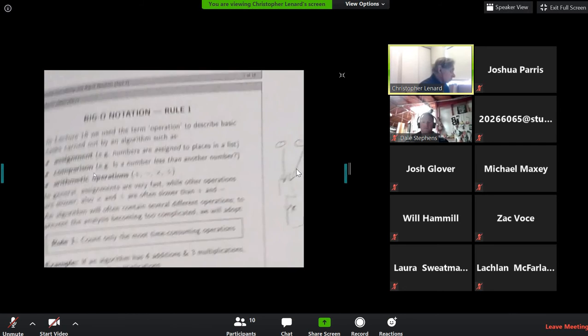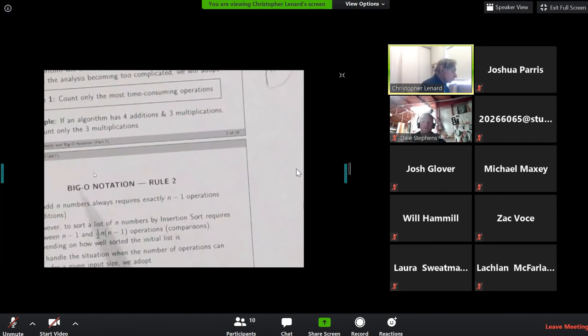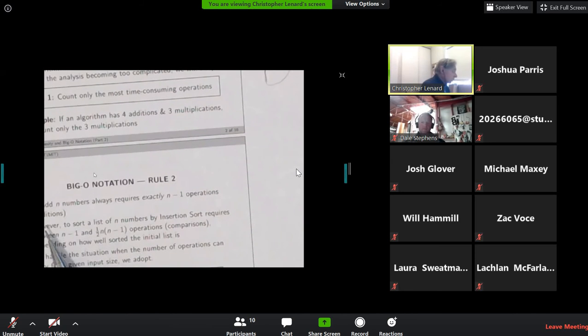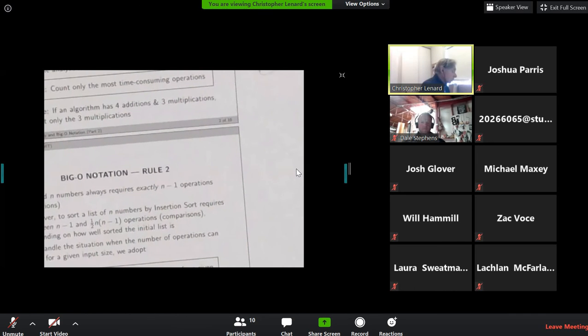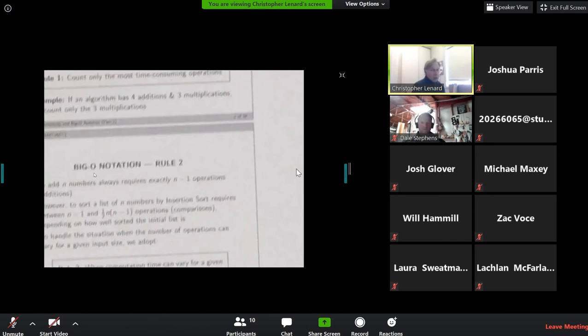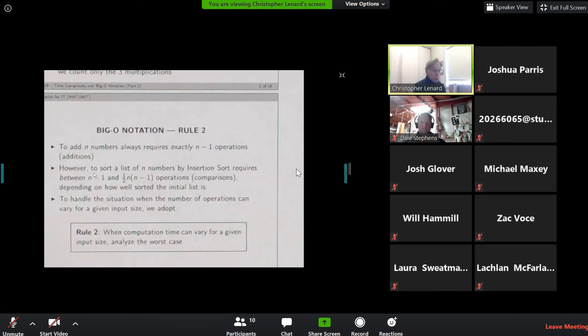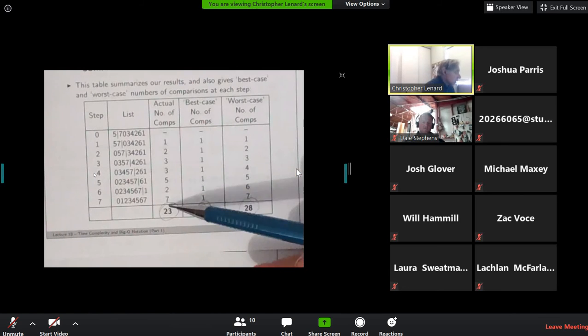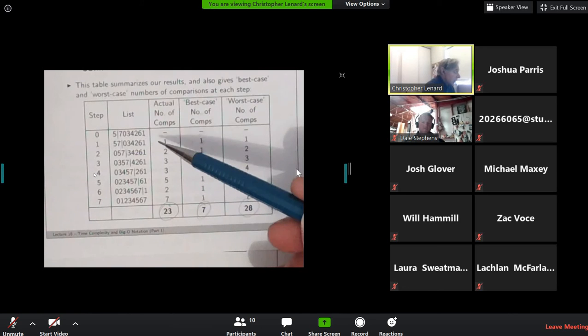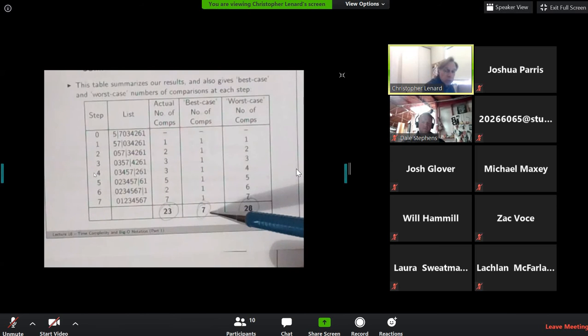The second rule is what we basically did with our first example of sorting. Here was an initial list of numbers, and it took, for this particular list, 23. On the other hand, we saw if the numbers were already in order, it would only take 7 operations.